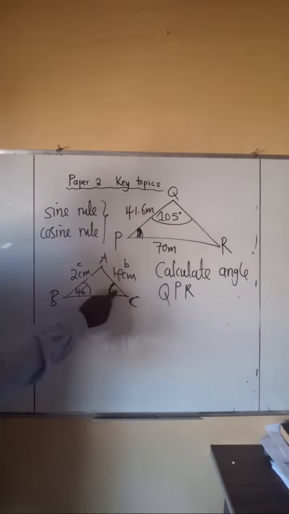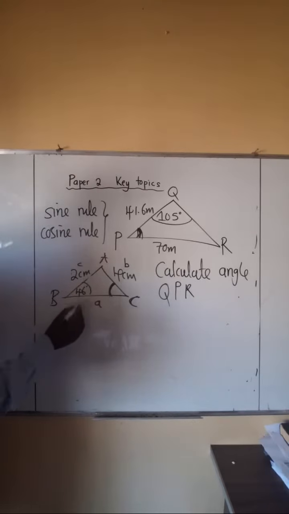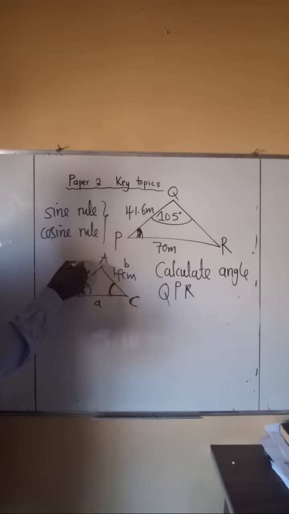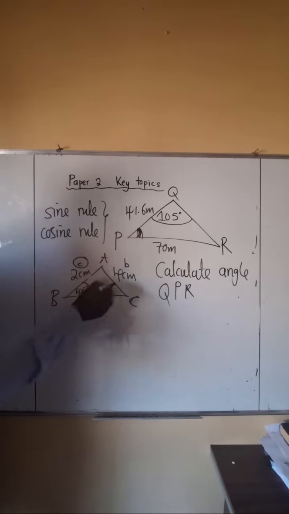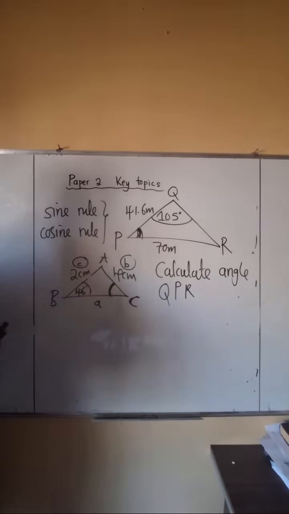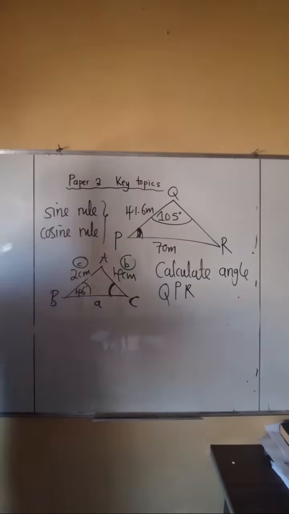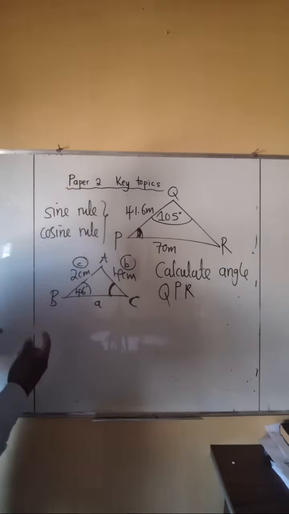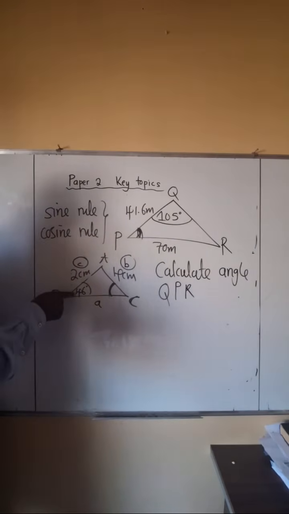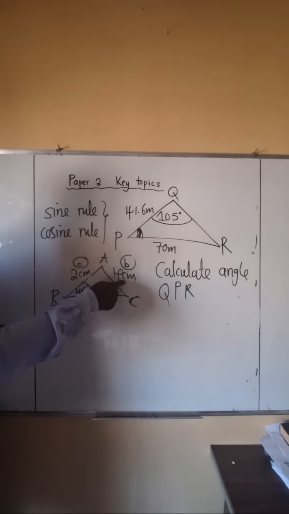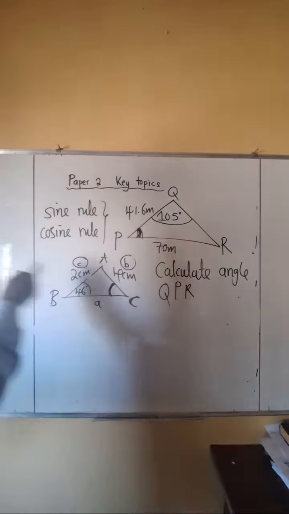So here, for me to find this angle, I'm going to use sine rule. I'll just see the letters which are involved. C is involved, B is involved, A is not involved. How do I get to know that this letter is involved? I've got an angle and an opposite side. That's it.